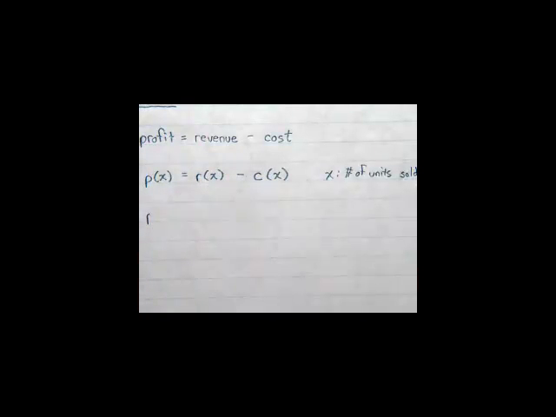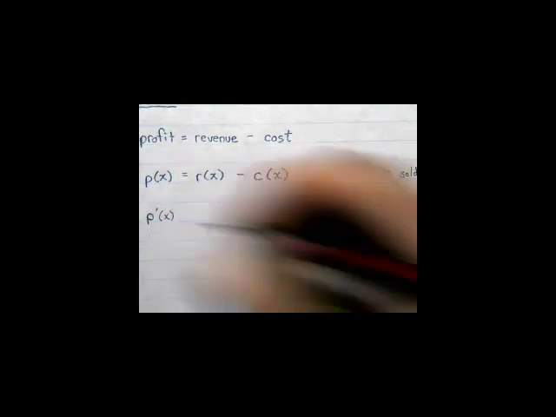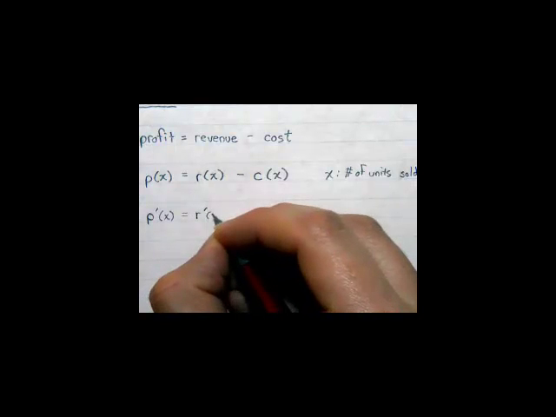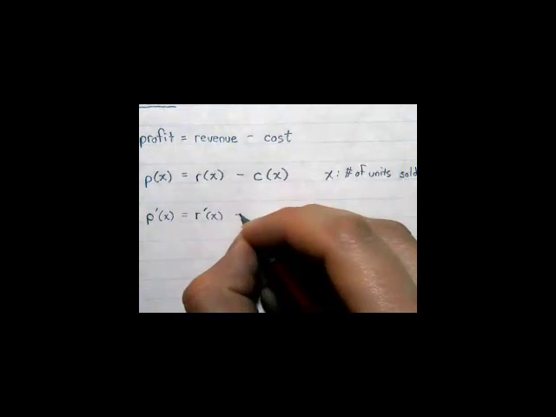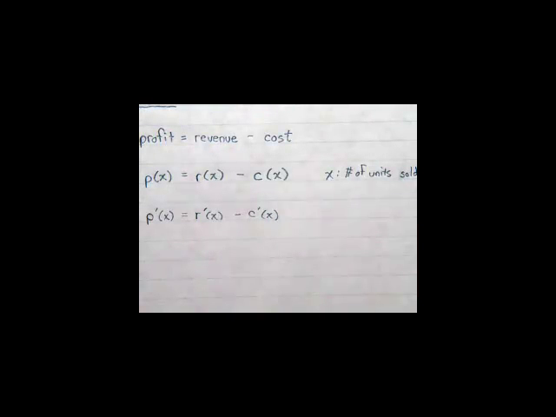So if this is the case, the derivative, using our derivative rules, should be the derivative of revenue, marginal revenue, minus the derivative of cost, marginal cost. Okay?